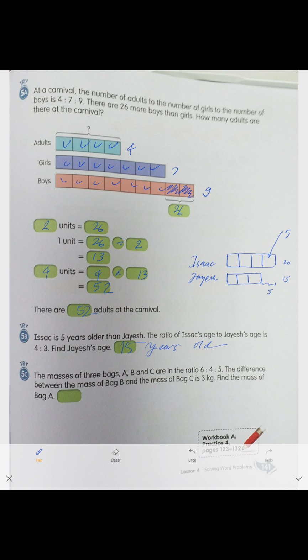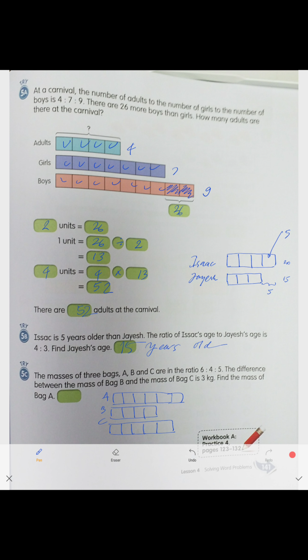Last one. The masses of 3 bags A, B, C have a ratio 6:4:5. The difference between the mass of bag B and the mass of bag C is 3 kg. Find the mass of bag A. So you draw your units. A is 6 units, B is 4 units, and C is 5 units.